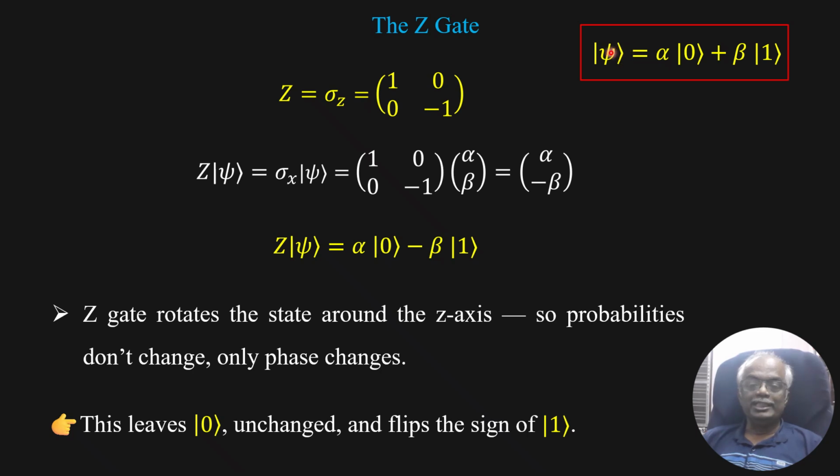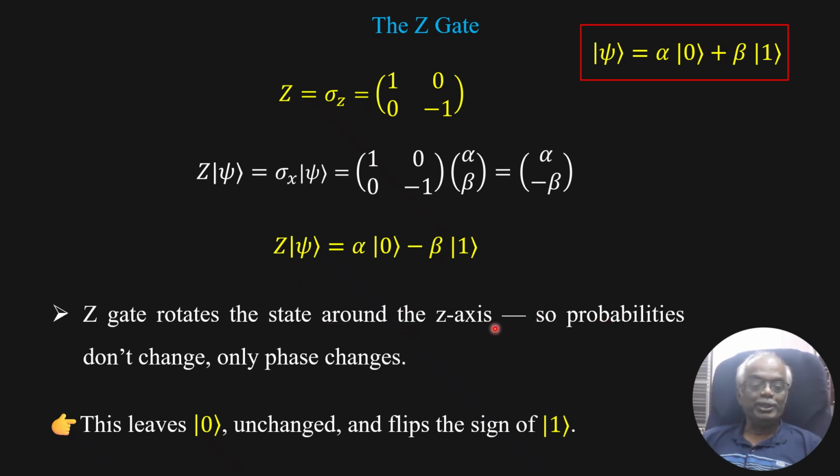That is very important. Generally we write ket psi as alpha times ket 0 plus beta times ket 1, but here you have a negative sign. The Z gate rotates the state around the Z axis. That is important.